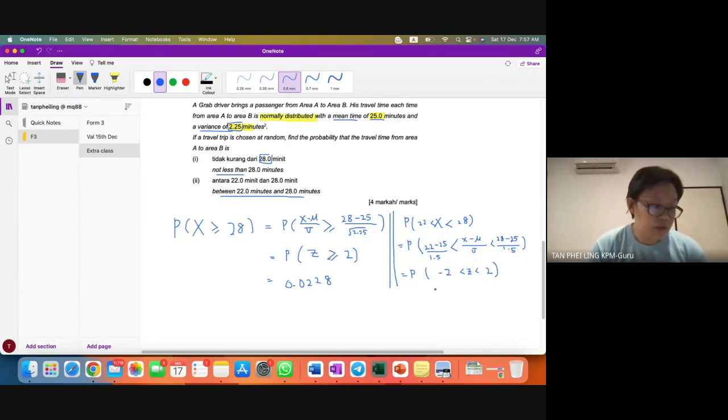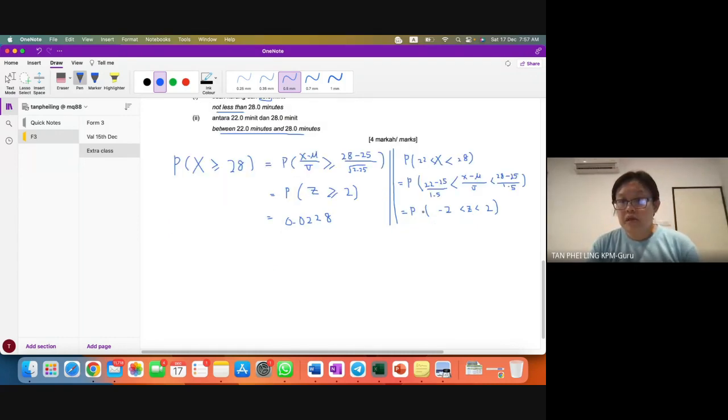Which means you want the area to be from -2 to 2. When you are confused, sketch it out. Because this one is slightly more difficult, I will put it in the graph. So this is your Z score. So you will have between -2, which is here, to 2. So you want this whole region.